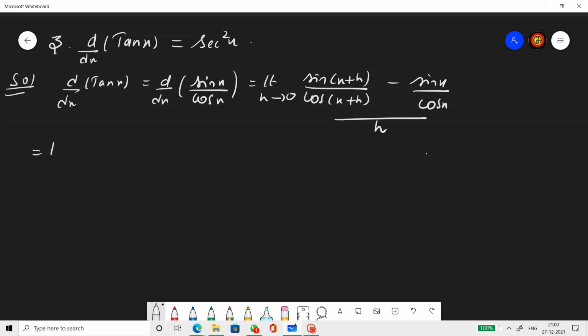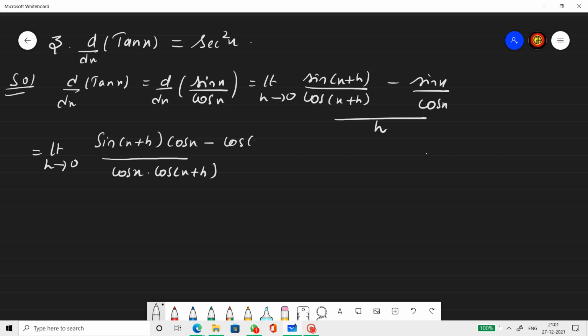Now take LCM. So limit h tending to 0. LCM for the numerator. So denominator of cos x into cos of x plus h, which is this one. Now this into this into this. Sine x plus h into cos x minus cos x plus h into sine x, whole divided by h.